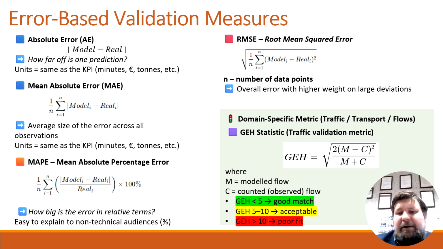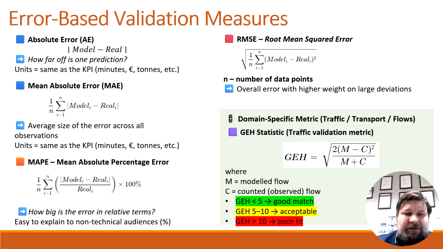Okay, so now we are moving to the next slide, and here we are presenting a specific group of measures, which are error-based validation measures. You could see several of them. For example, the absolute error, which shows how far a single prediction is from reality.